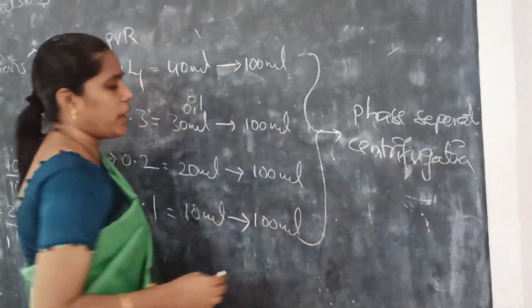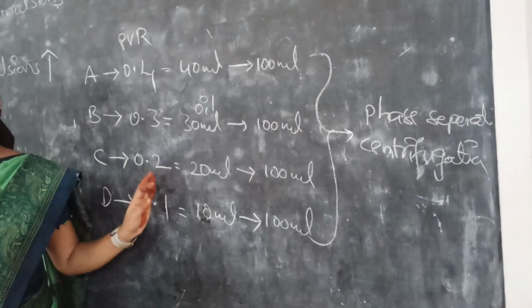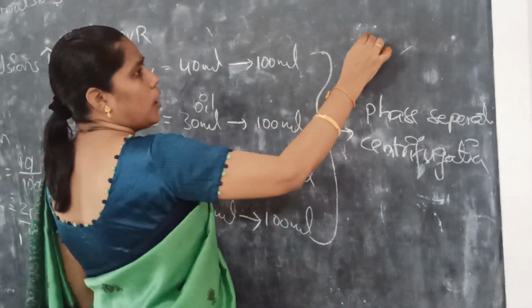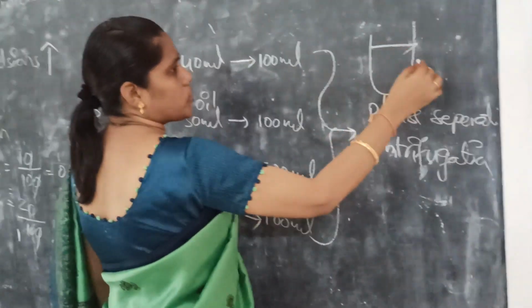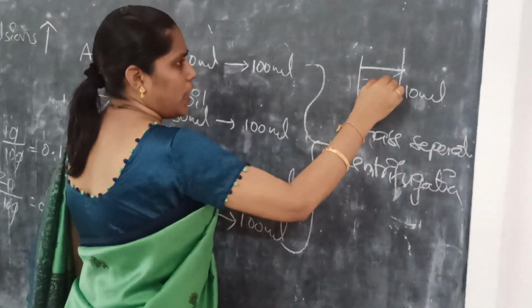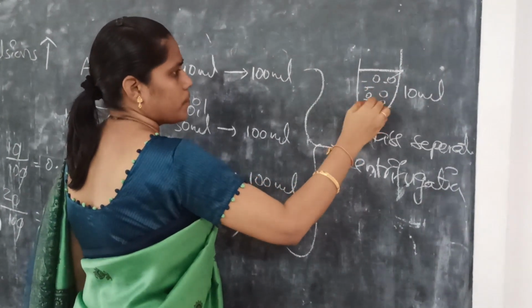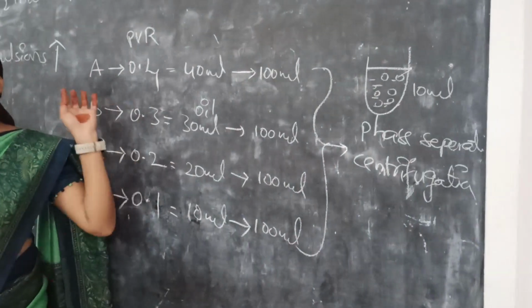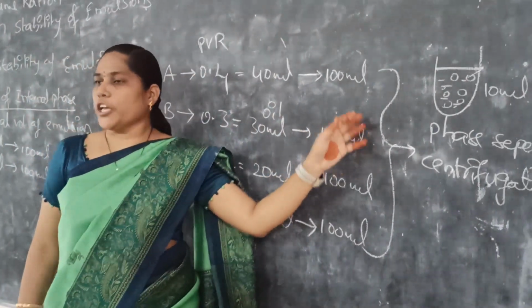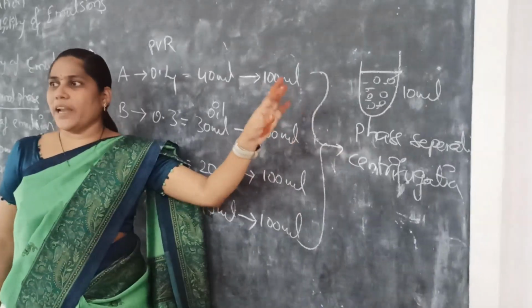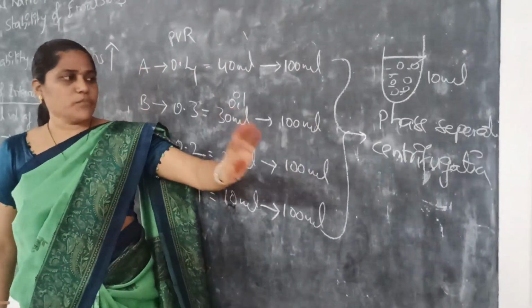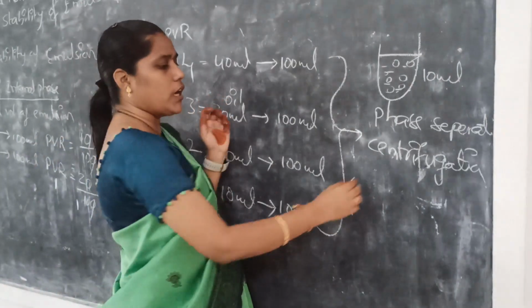For that, all these emulsions are transferred to centrifugation tubes. 10 ml of each emulsion is transferred to 4 different test tubes, and we subject them to centrifugation for 10 minutes.